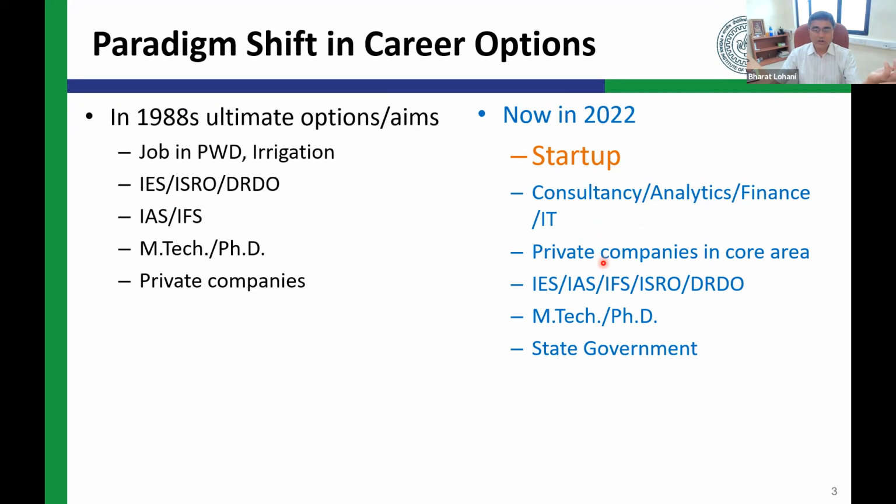Then come the private companies, and all these IES, ISRO, DRDO come towards the bottom of the pyramid in the priority. And of course, there are some people, very few, who are keen, who pursue their MTech, PhD, and state governments, of course, have become the last priority. So this is the fact today, because this is what is happening all around us.